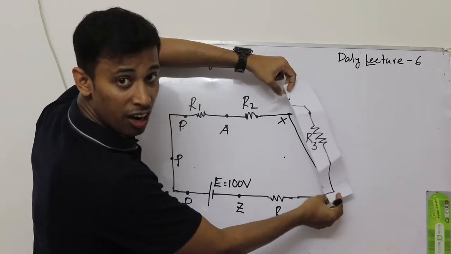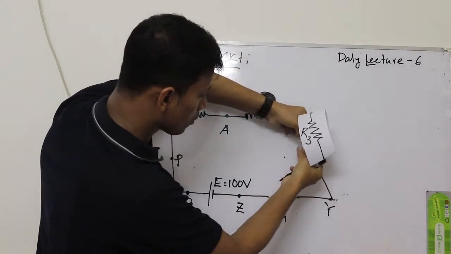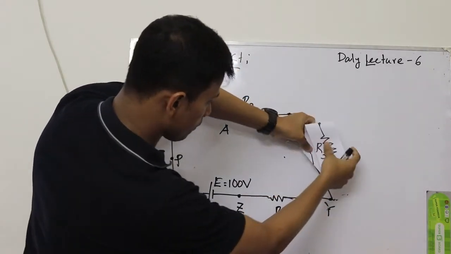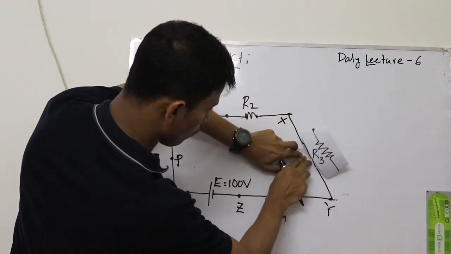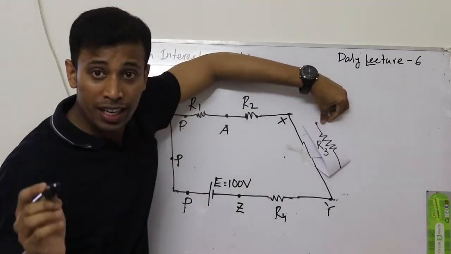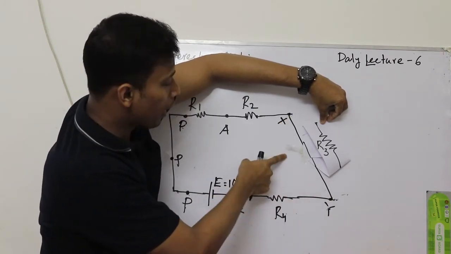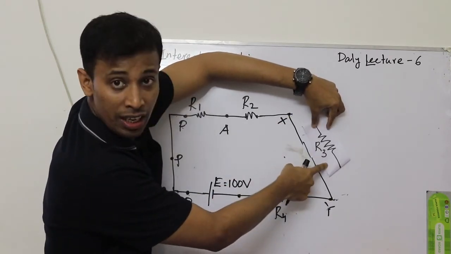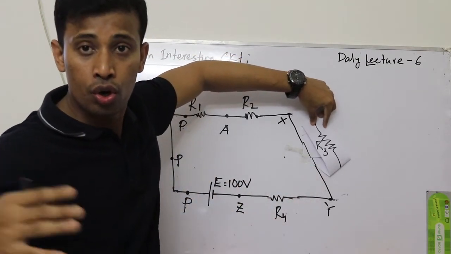So what will happen if these 2 points become the same? This resistance R3 will now look like this. As these 2 points are the same, R3 is now out of the circuit.